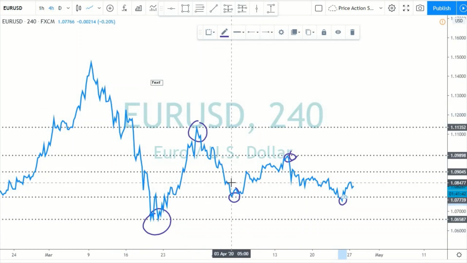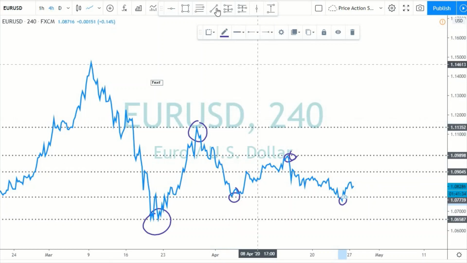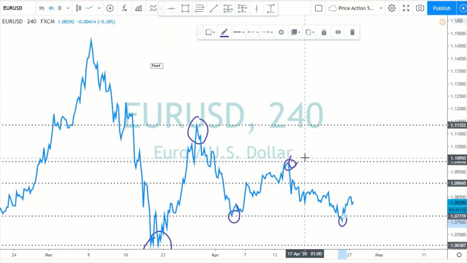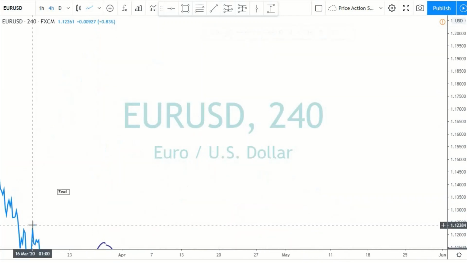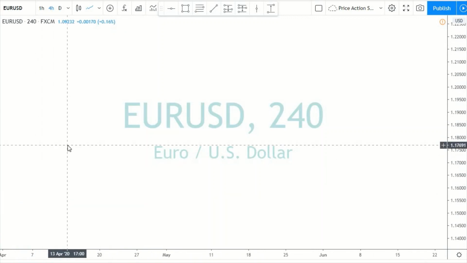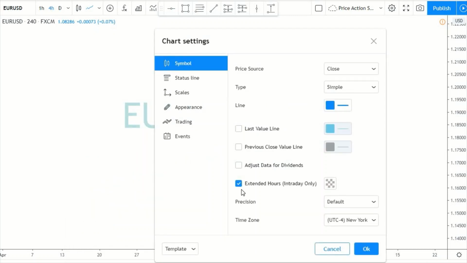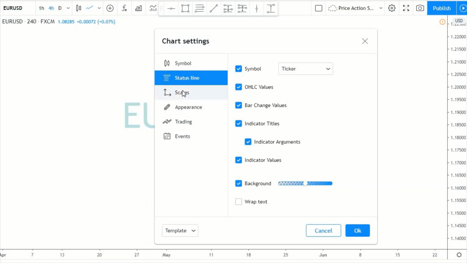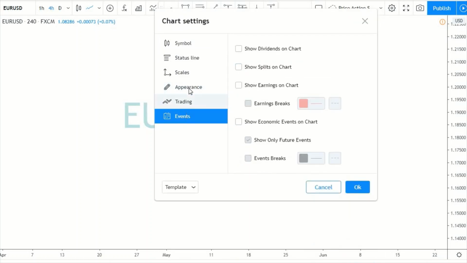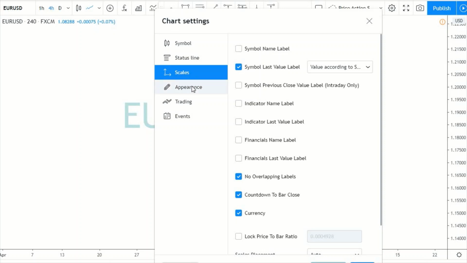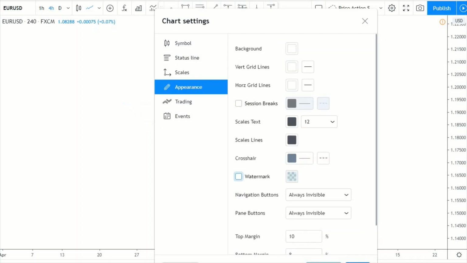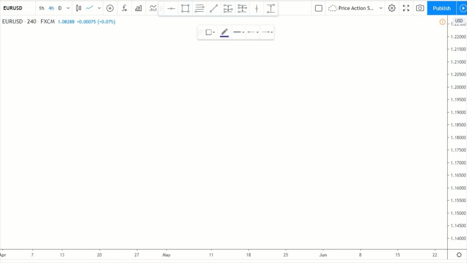Now keep in mind that you want to look for turning points, where support turns resistance and where resistance turns support. For example, if the market is trending up and it breaks the highs, you want to look for a retest of the highs, and then on the retest you'll look for entry.